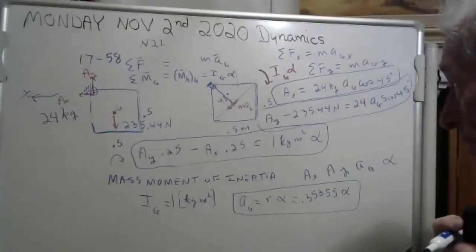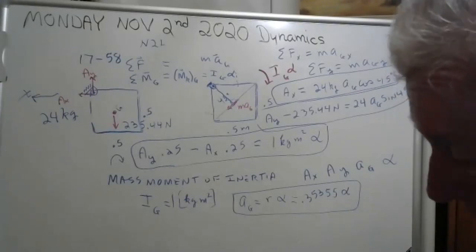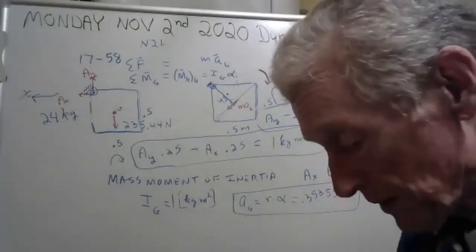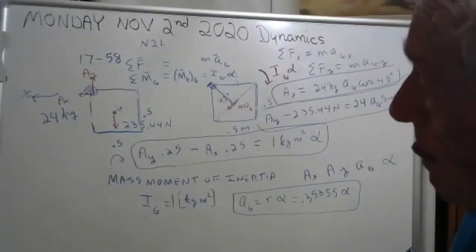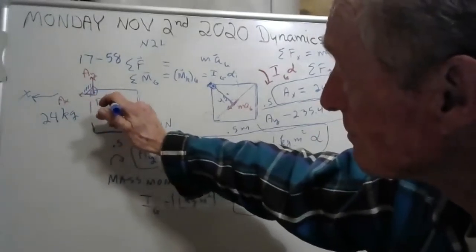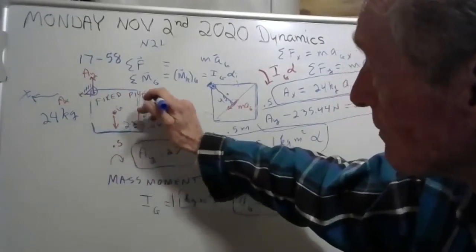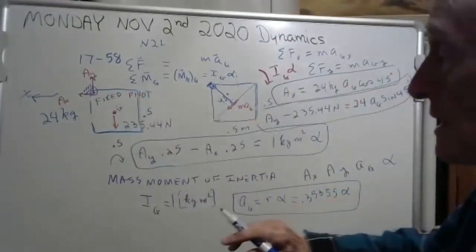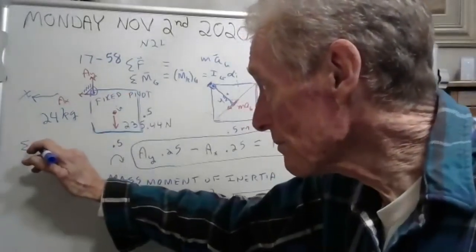It's just that I'm scared of the algebra right now, and we only have 3 minutes left. And I want to show you an easier way. This is called a fixed pivot. Everything I've told you is okay. All these equations are good. But when you have a fixed pivot, you can write this equation here.